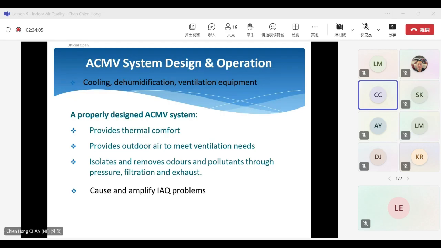That means it removes moisture in the air. If you have a good air conditioning system, you will have less mold issues and growth of fungus. If your air conditioning system allows an adequate amount of outdoor fresh air to be brought into the indoor space, then you have a better chance of diluting the pollutants in the air. So those are the solutions.